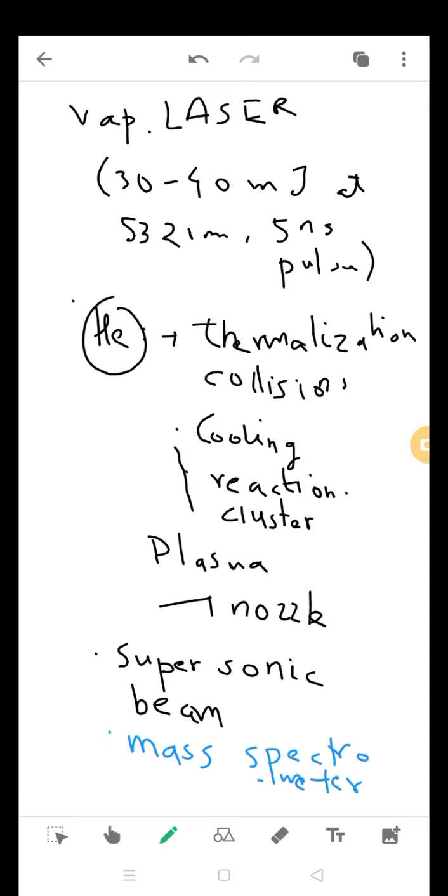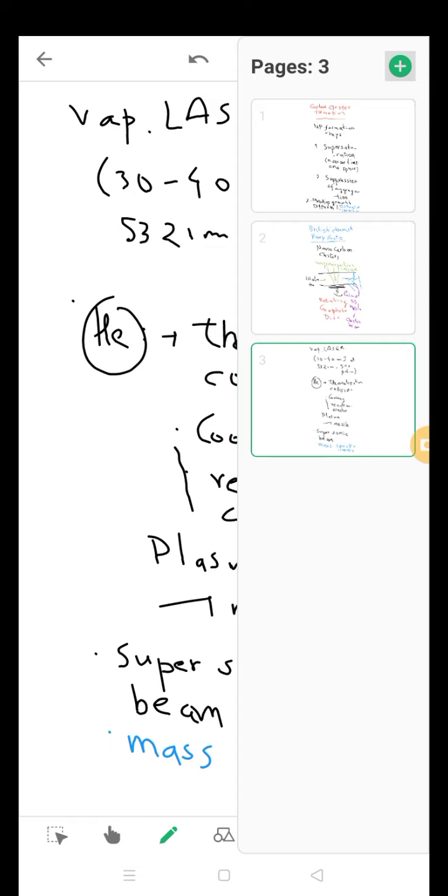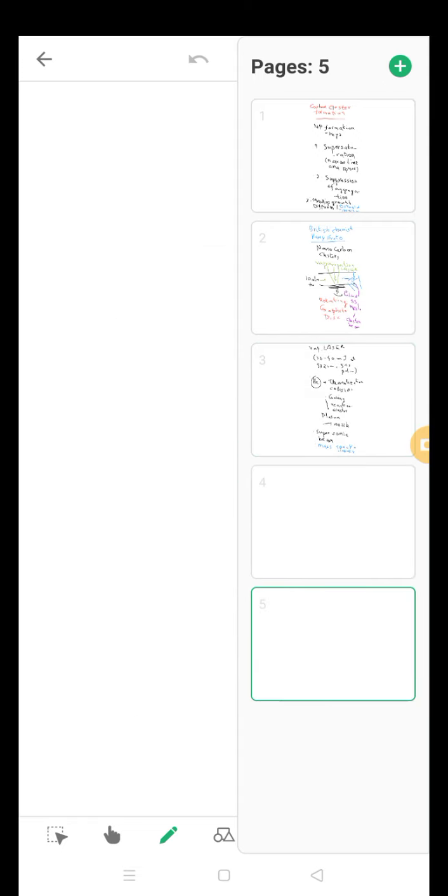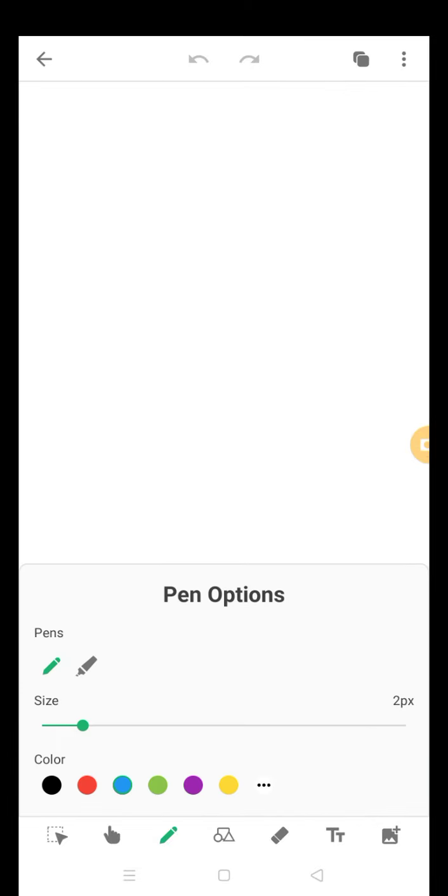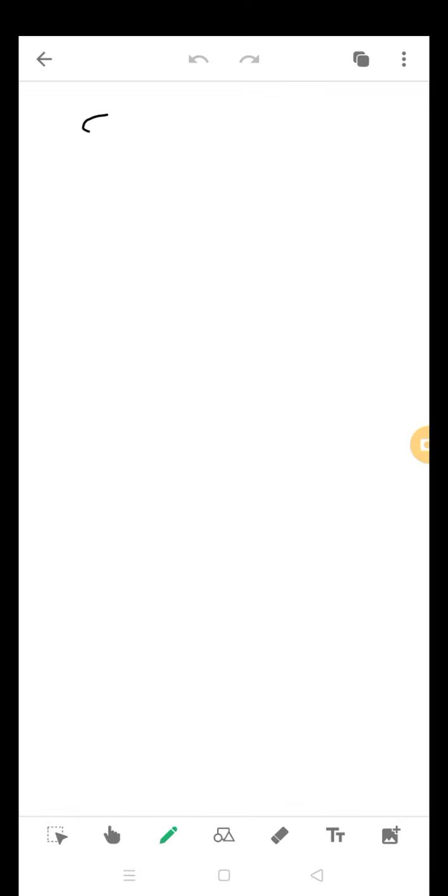Now when we analyze the carbon cluster, we got evidence of the formation inside the cluster. We saw that C60 has formed, which was quite stable.